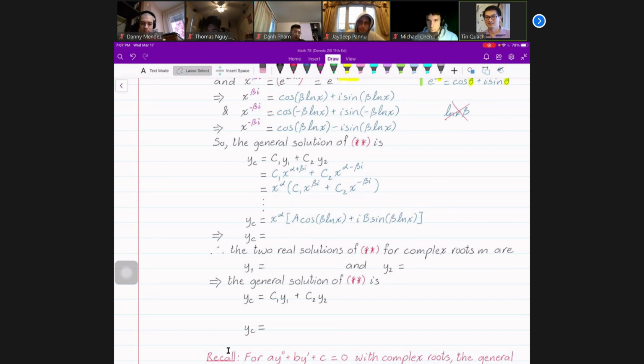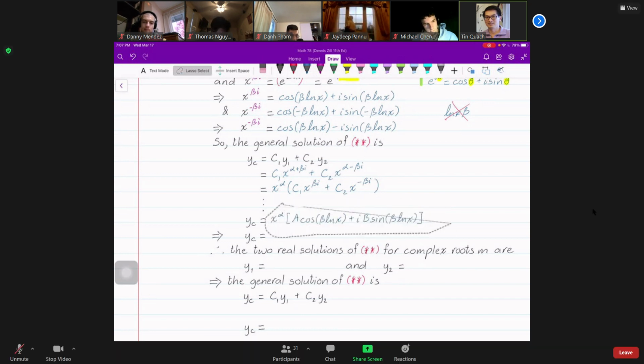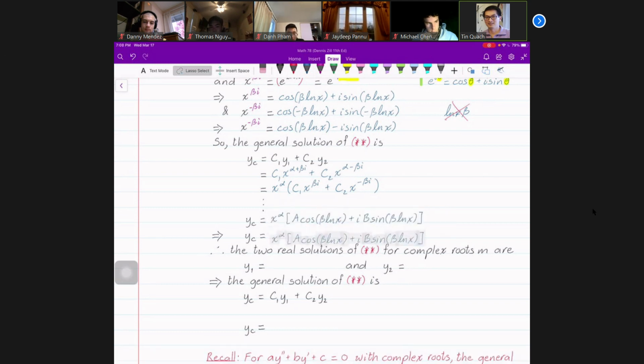Okay, let me do this. So let me just insert one step in between. Okay, I'm going to move this one to the next step. If you're using a pencil, you can erase it easily, but you don't need to.